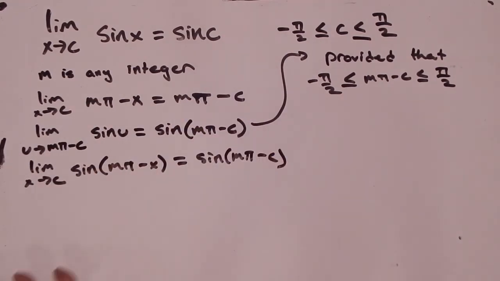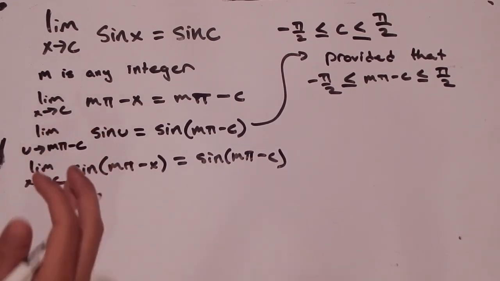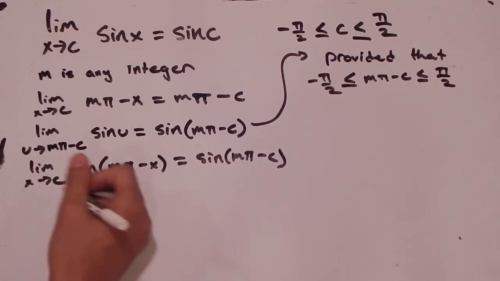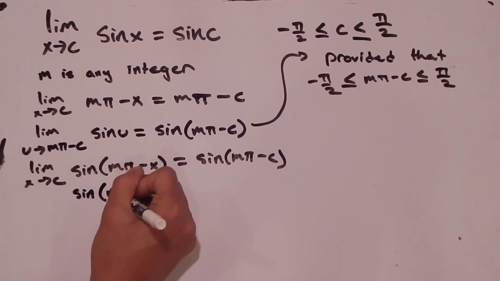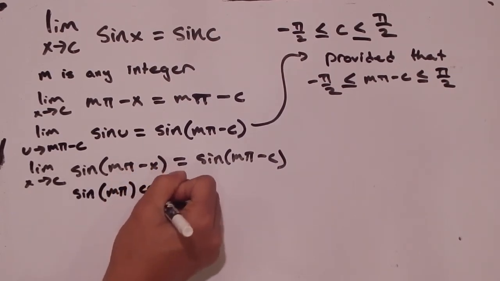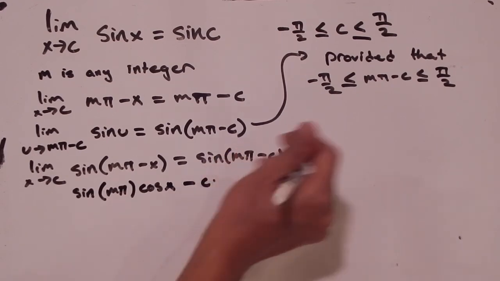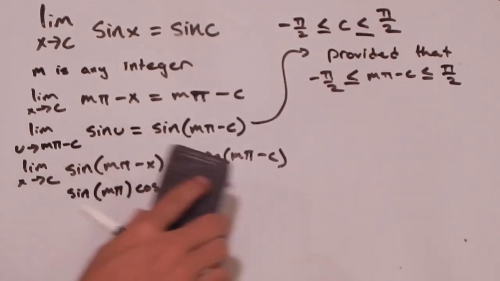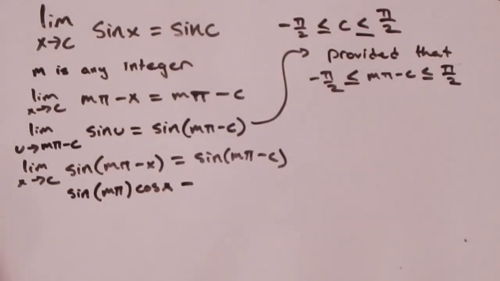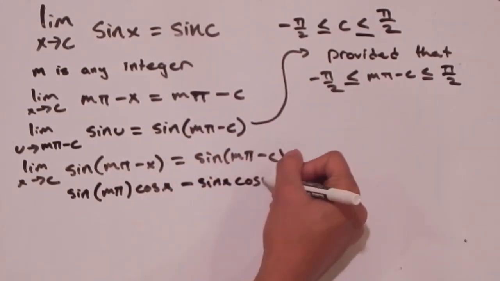So now, using our trig properties, specifically with sine, when we have sine of something minus something else, we can write that as sine of m pi times cosine of x minus, that should be sine again. So let's fix that. That's going to be sine of x times cosine of m pi.